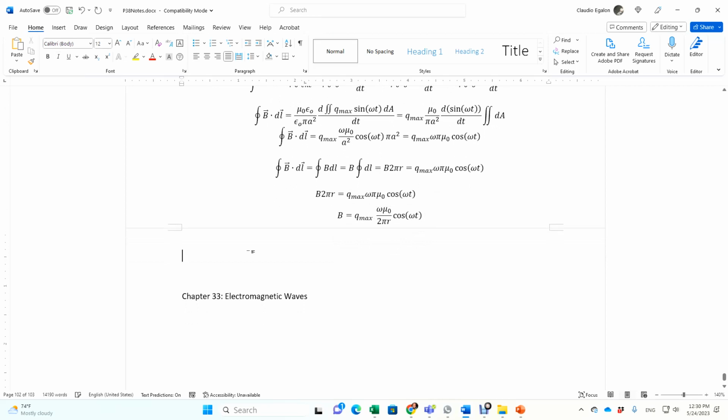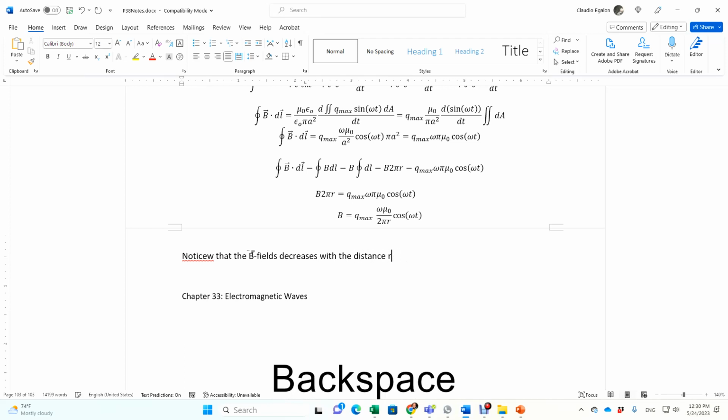And note that the B field decreases with the distance r, just like we had for the E field induced by the solenoid.